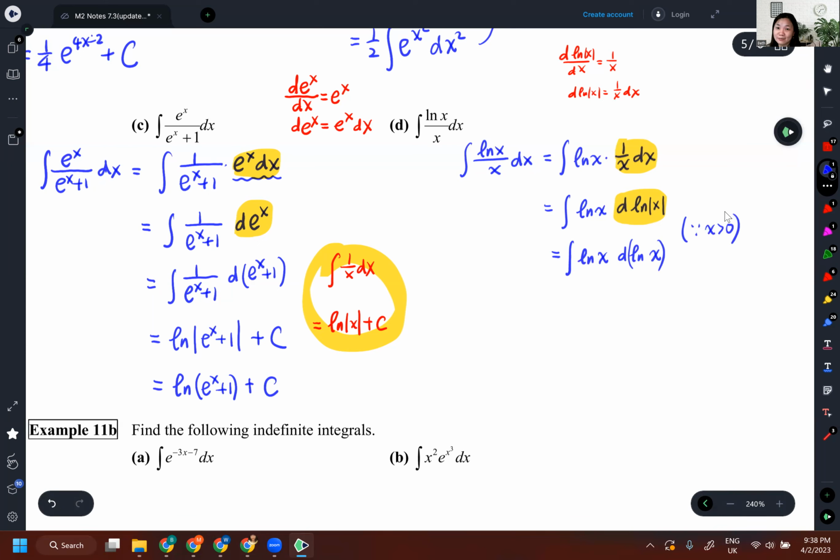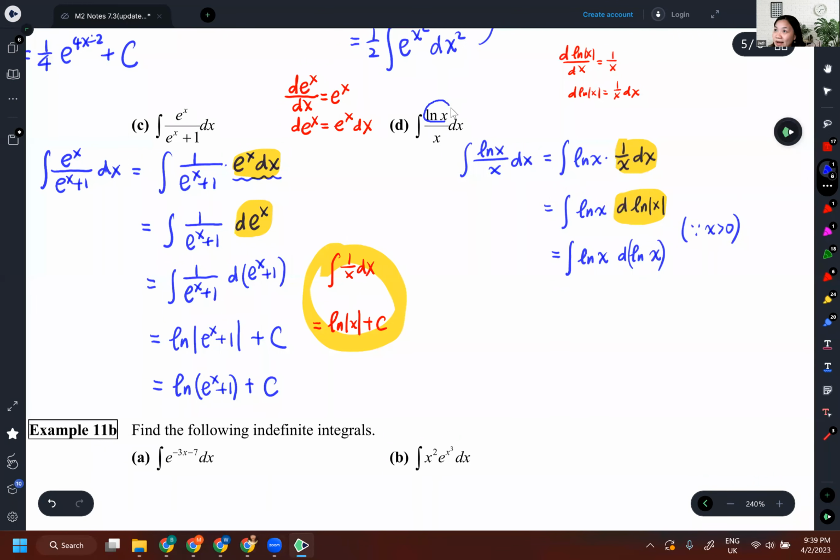Otherwise, the symbol would not make sense. The existence of log x implies that x is positive. This symbol tells you x is positive. Otherwise, what I'm doing here doesn't make any sense.